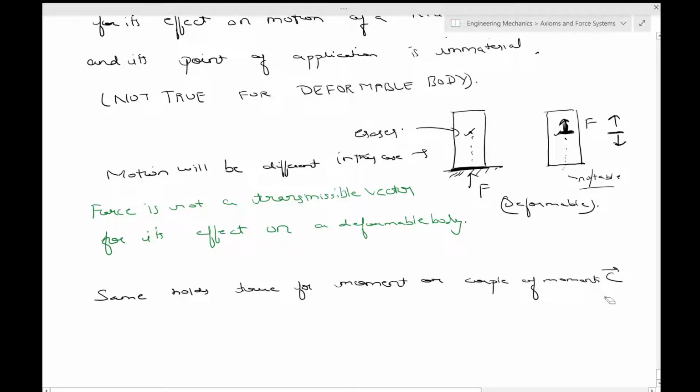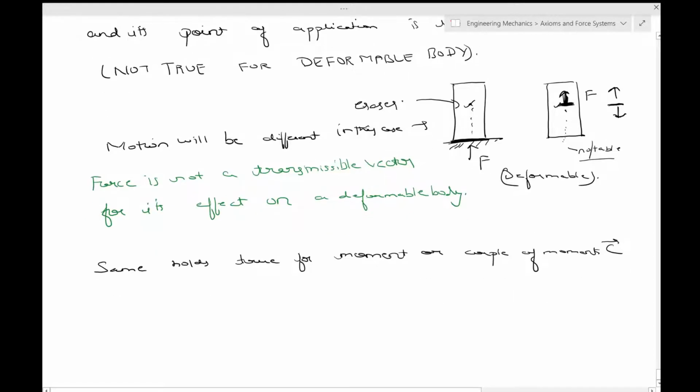So a couple of moments is a transmissible vector for a rigid body, but not so for a deformable body.